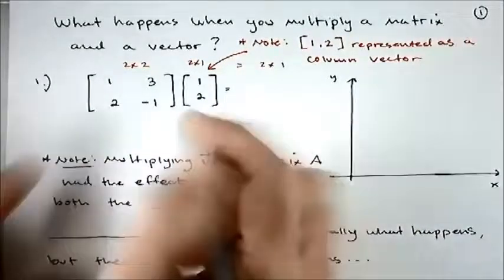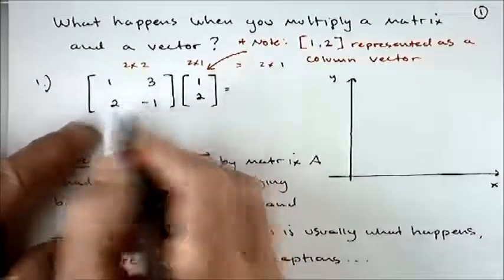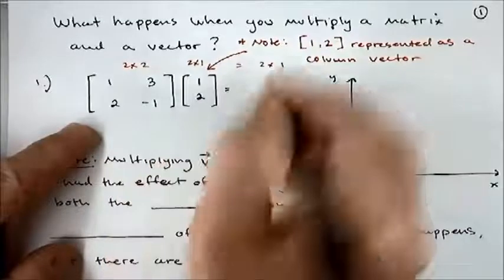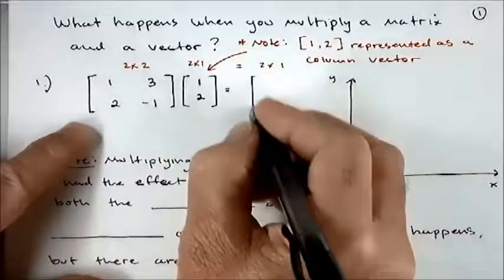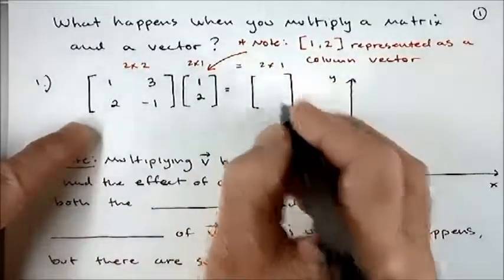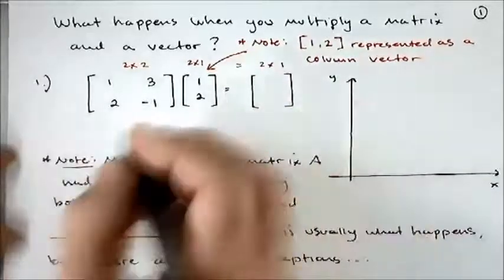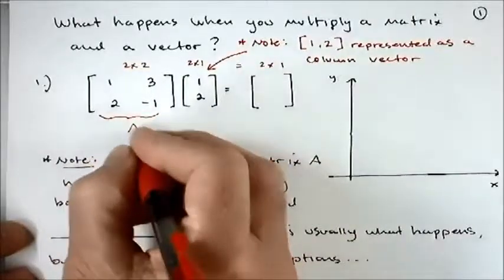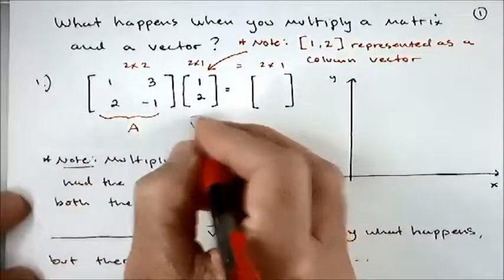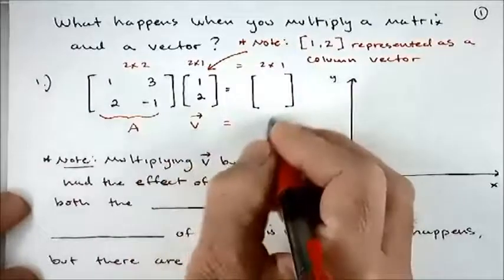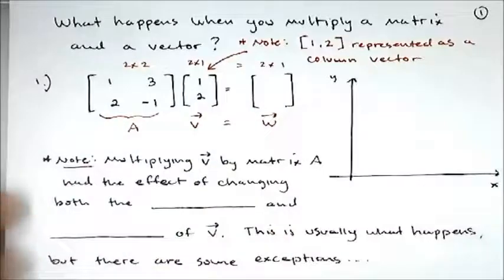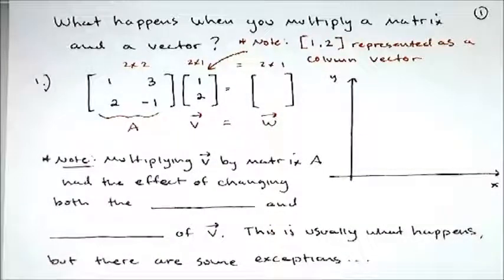So when we multiply a 2 by 2 matrix by a 2 by 1 vector, we get another 2 by 1 matrix, which we could interpret as another vector. So we can think of this as a matrix A times some vector giving us another vector. Let's call it W.